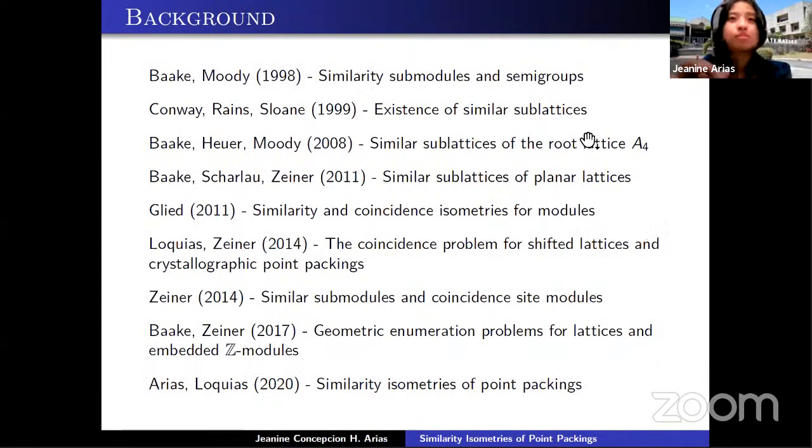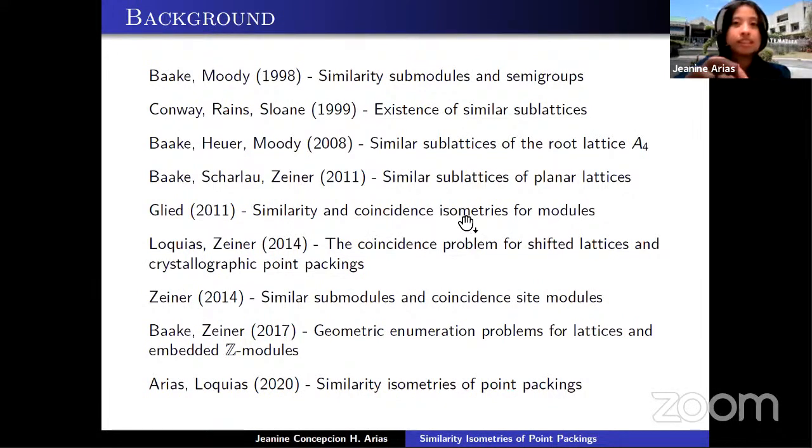So similarity isometries and similar sublattices have been studied by mathematicians in the past. Here are some recent papers in the related literature. Various papers have explored similar sublattices of certain lattices up to 4 dimensions. And mathematically, similarity isometries are related to coincidence isometries.